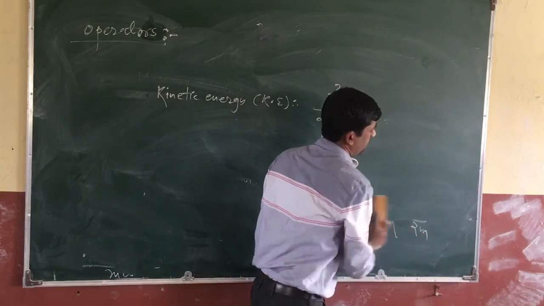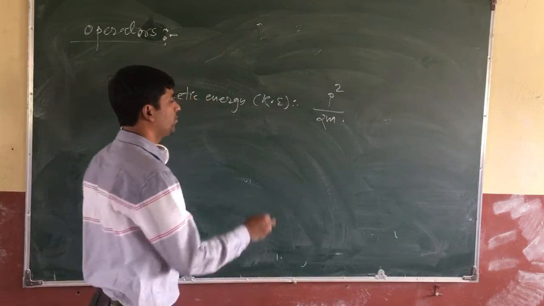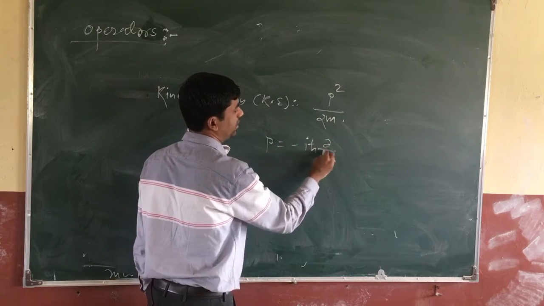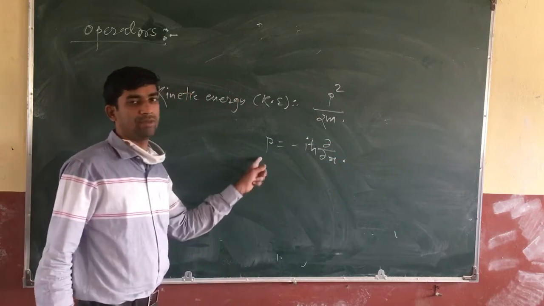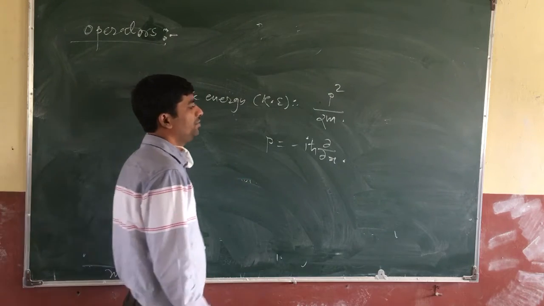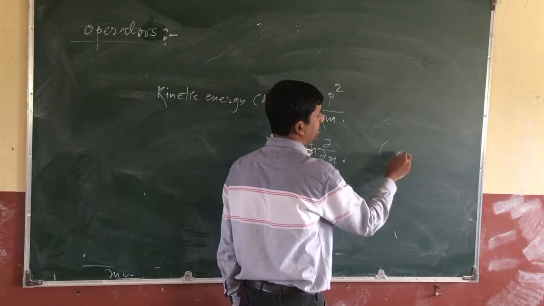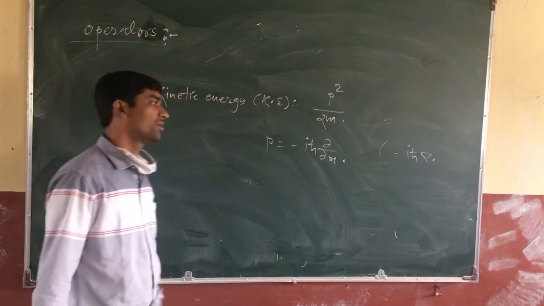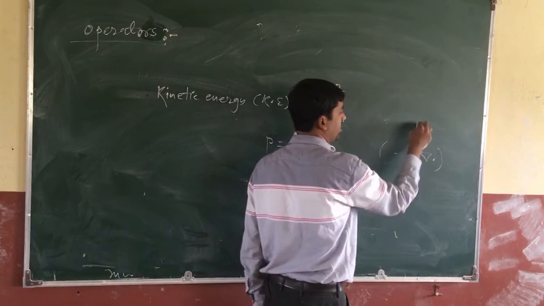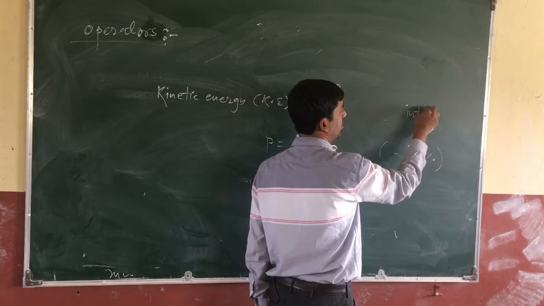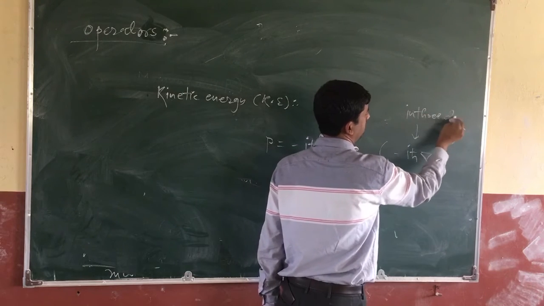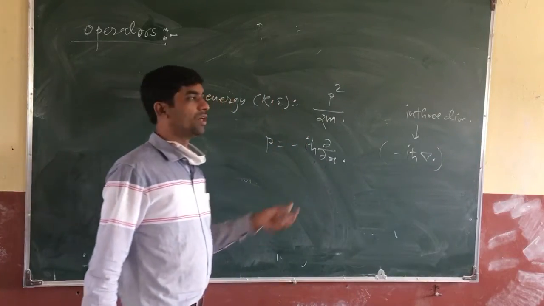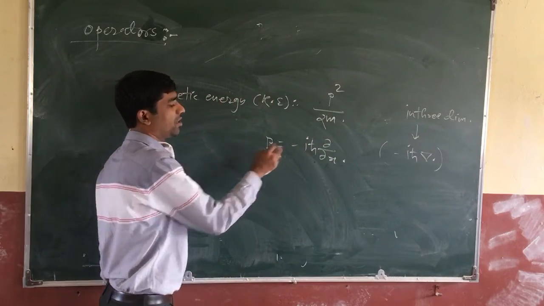So what is the momentum operator? P is equal to minus i h cross dou by dou x, if it is one dimensional. If it is three dimensional, you can write minus i h cross del. So this one is in three dimensions, and the other one is in one dimension, along the x axis.